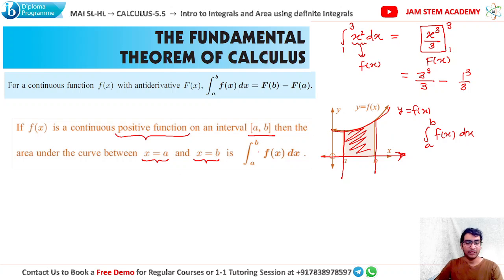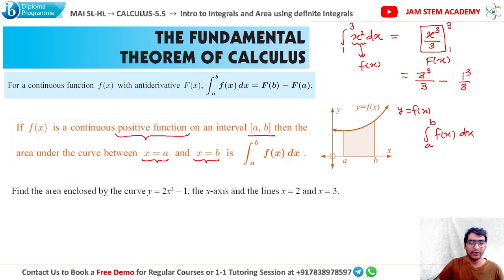Okay, now let's solve a question based on this information. The problem says we are looking for the area enclosed by y equal to 2x cubed minus 1 with the x-axis between the lines x equal to 2 and x equal to 3. So what's the definite integral representation for this? Integration, first you have to find the value of y in terms of x. So what is that? 2x cubed minus 1.